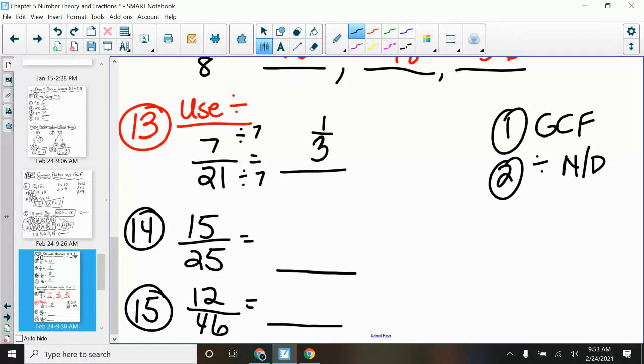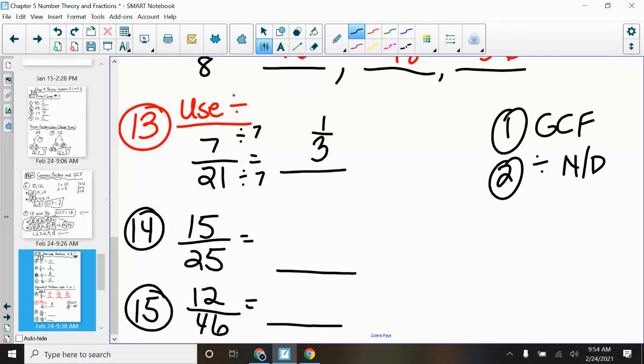No. 8, no. 9, no. 10, no. 11, no. 12? Are you sure? No, because 12 times 4 is 48. Okay. 13? No. So do we have all the factors? Yes. So what do we think the greatest common factor is?